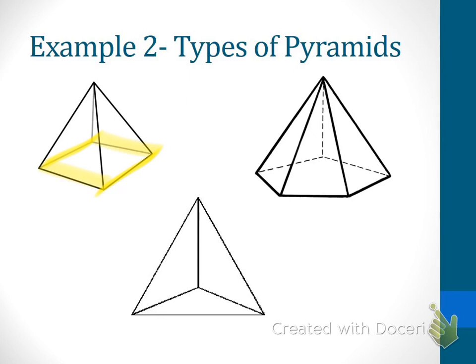Without knowing the dimensions, though, I can say that it looks like a square, so rectangular is probably the safer bet. Let's look at the top right one. 1, 2, 3, 4, 5. So it's a pentagonal. What about the bottom one? 1, 2, 3, triangular. So those are types of pyramids.